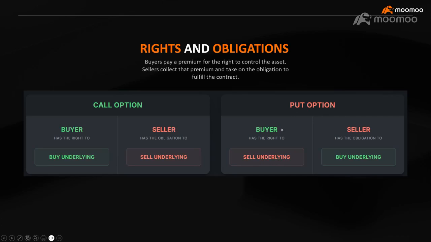I mentioned that if, let's say, the strike price is $100, when the market falls to $80, you can still sell at $100, right? So when you want to sell the underlying, there must be someone who is obligated to buy from you.